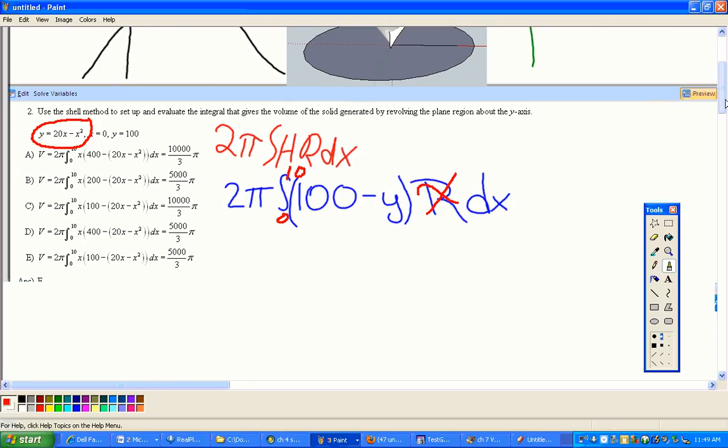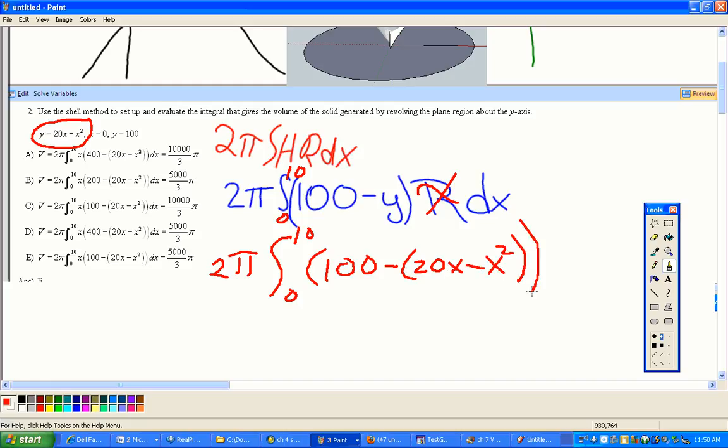So now that'll become 2 pi, 0, 10, 100 minus 20x, take away x squared, an x here and a dx.